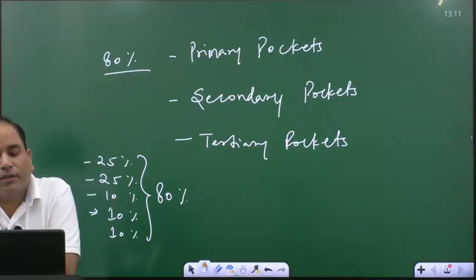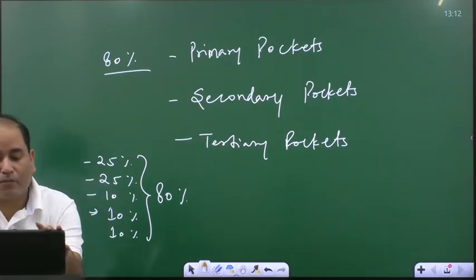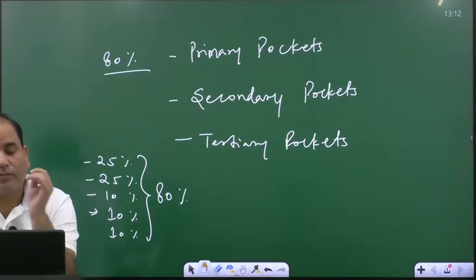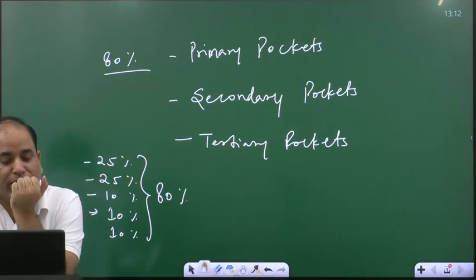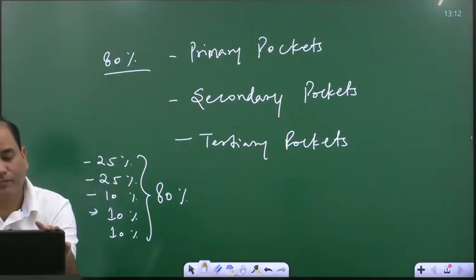Tertiary pockets have the least concentration of population, mainly because of geographical limitation. So these are the three different aspects.